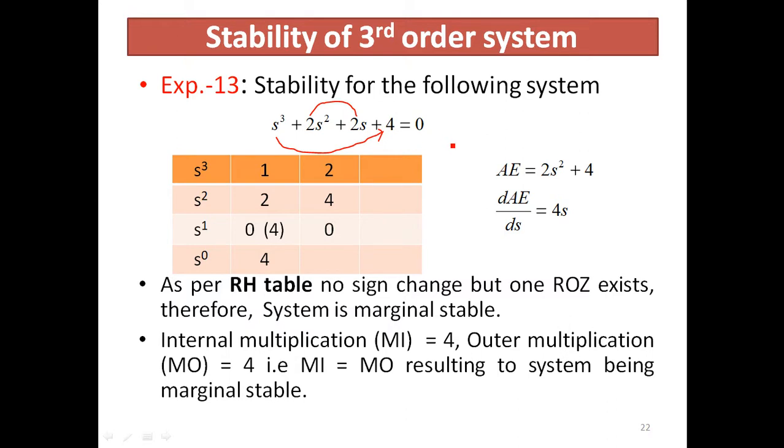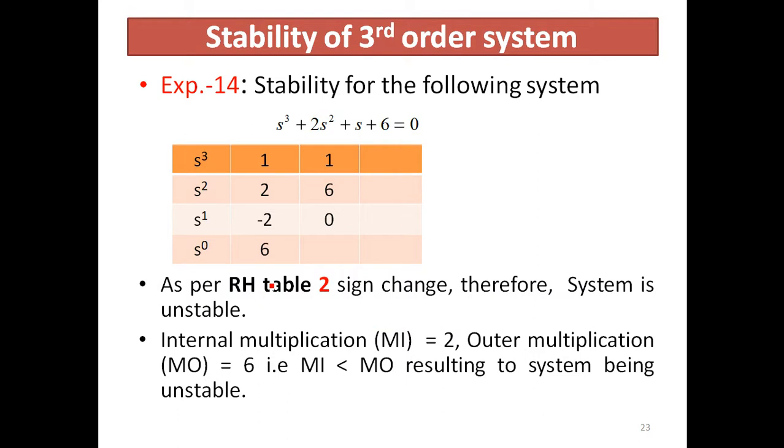As far as the RH table is concerned, when it is constructed, you observe that this row is a row of zeros, ROZ. As per previous discussions, if no sign change occurs in the first column but one ROZ exists, then the system is marginally stable. So the method of inside and outside multiplication is verified by the RH table as well.